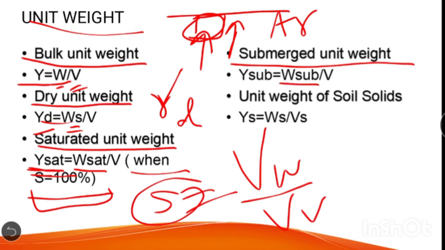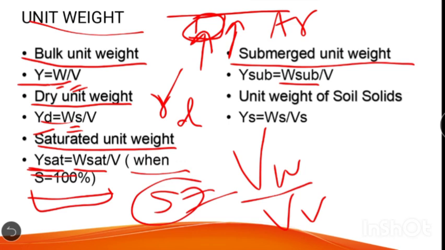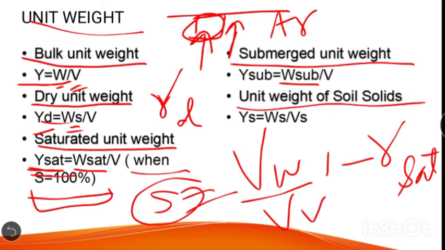Never confuse what submerged is: the submerged weight is calculated by subtracting the unit weight of water from gamma sat, that is gamma sat minus 1. Now unit weight of soil solid is simple: weight of solid to the volume of solid. I hope these whole terms are clear to you.